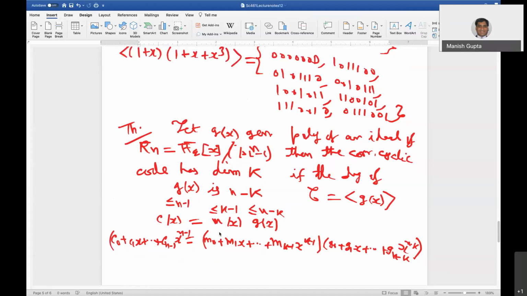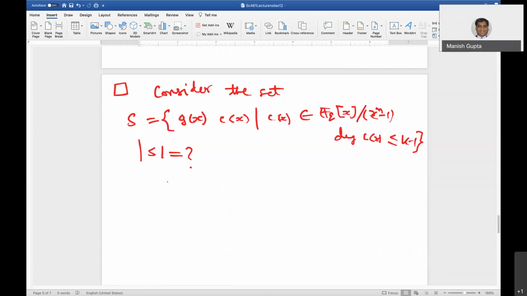And the degree of c(x) is less than or equal to k minus 1. So suppose there are two distinct polynomials c1(x) and c2(x), such that the degree of c1(x) is less than or equal to k minus 1 and the degree of c2(x) is less than or equal to k minus 1. Then we know that g(x) times c1(x) will not be equal to g(x) times c2(x), right? So basically, how many choices are there for such polynomials?